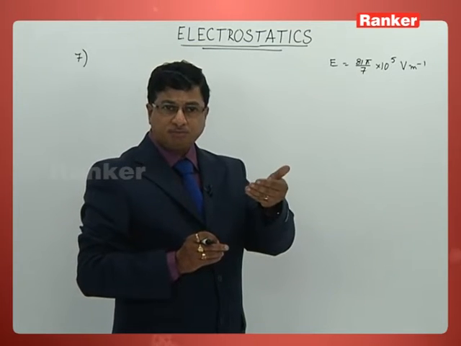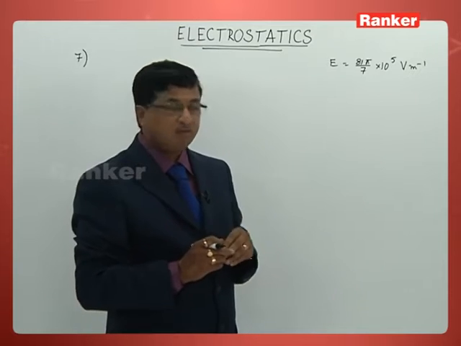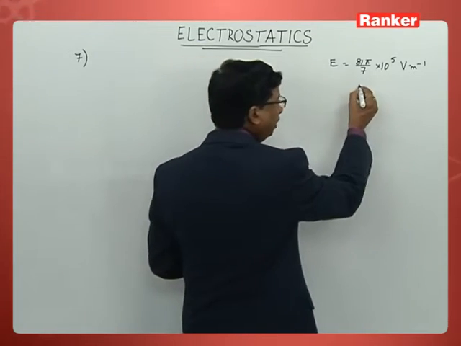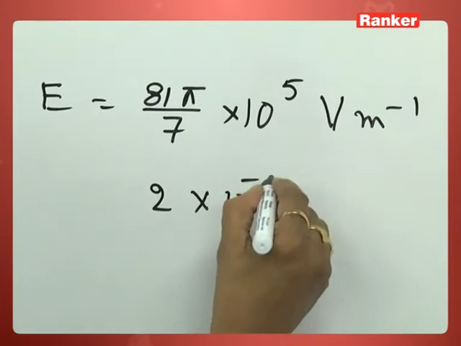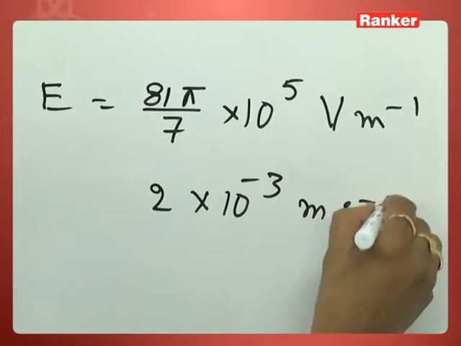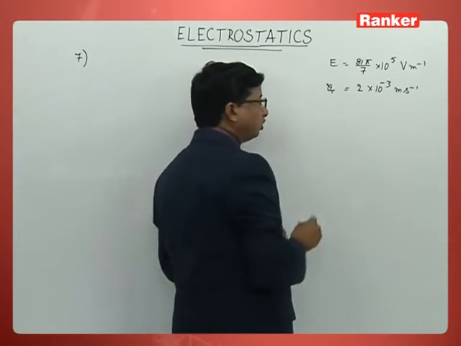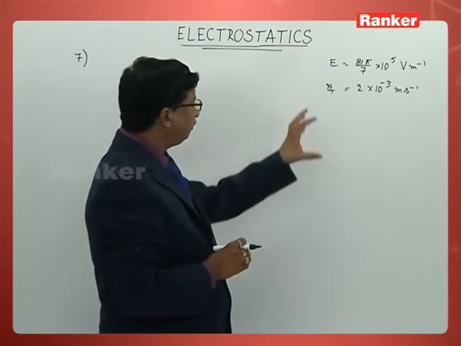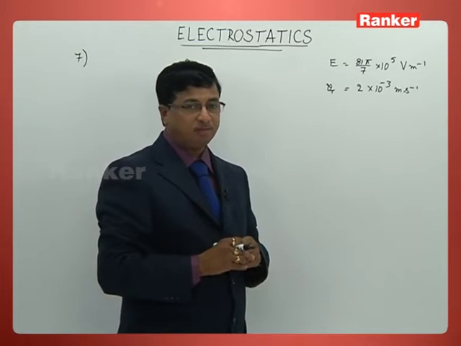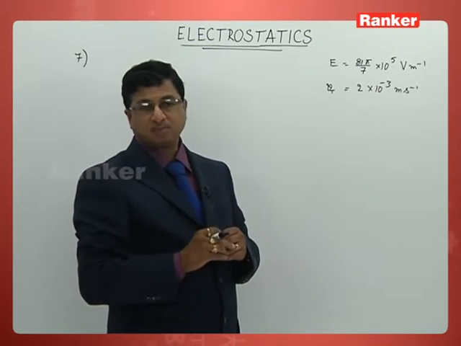The drop's terminal velocity is given as 2 into 10 to the power minus 3 meter per second. That is V terminal. Terminal velocity is given that much. Fine. What else did he say?